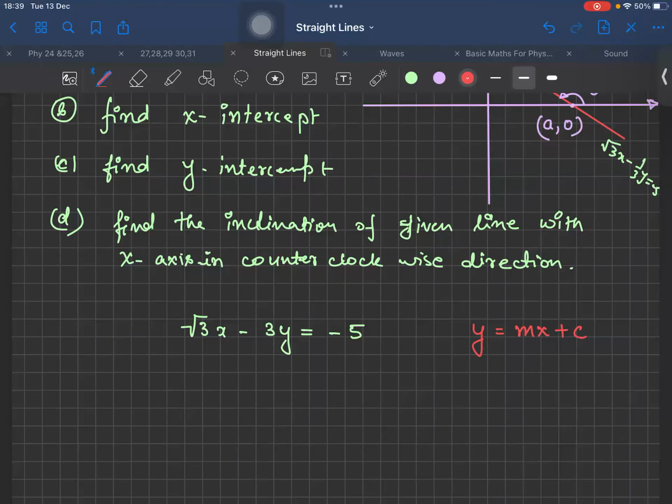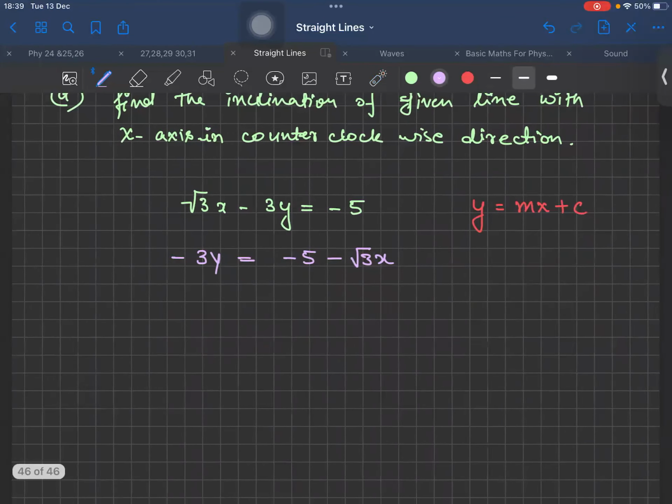Let's try to write this equation in this form, so only y remains on one side. Minus 3y is equal to minus 5 minus root 3x. What I have done is taken this to this side.